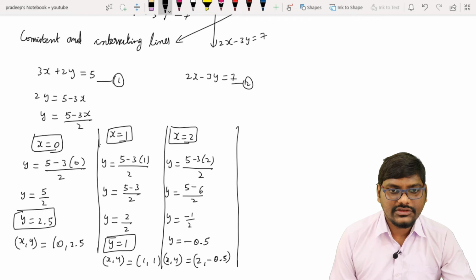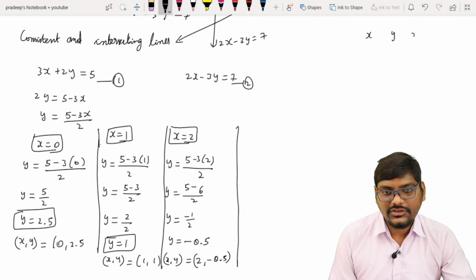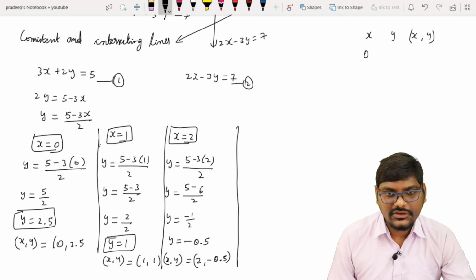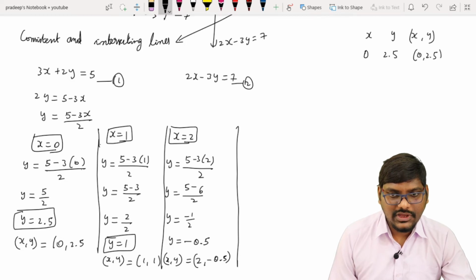So I can write this as x and y, then x comma y. So when we took x as the value, initially x we took 0 and that time we got y as 2.5, and x comma y we got as 0 comma 2.5.